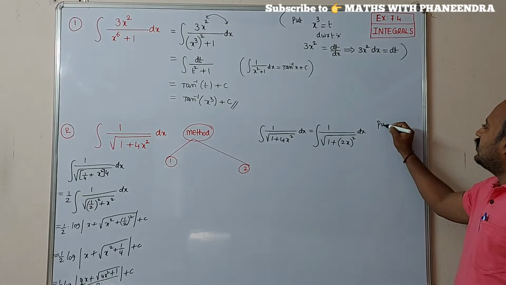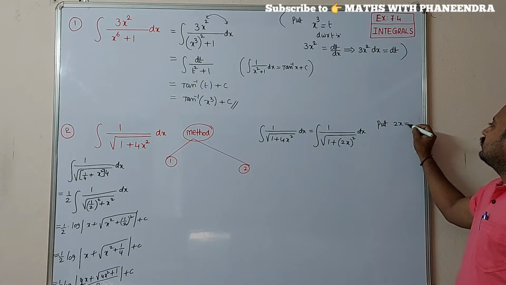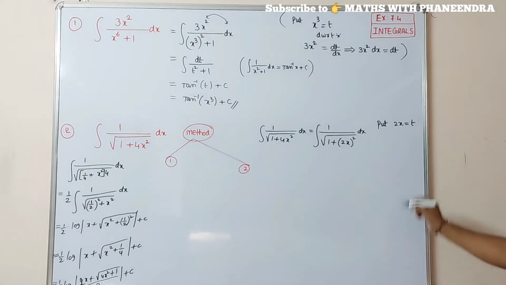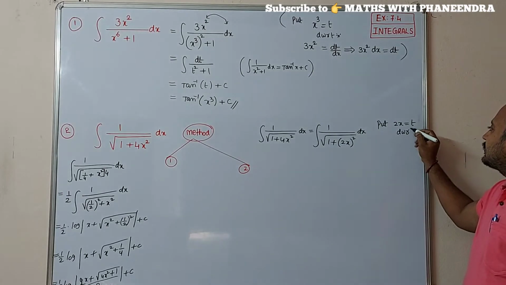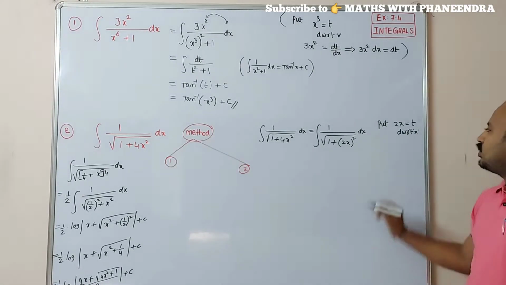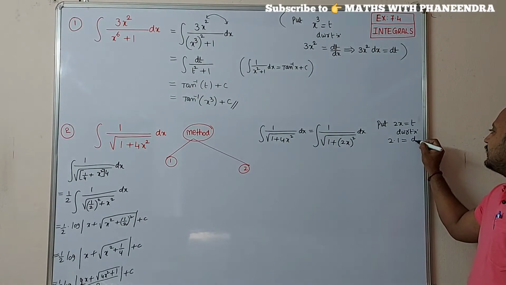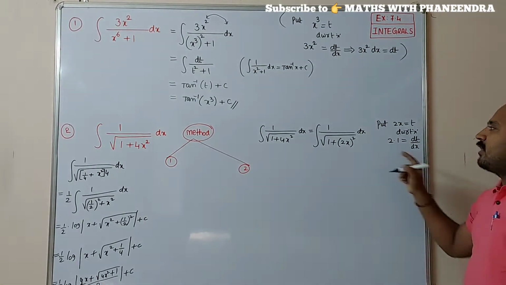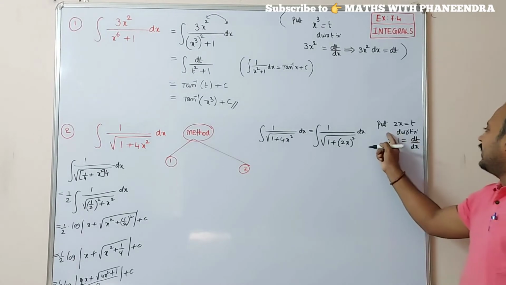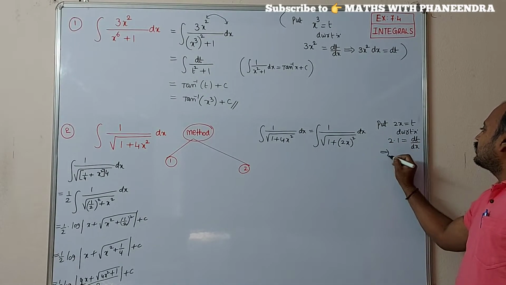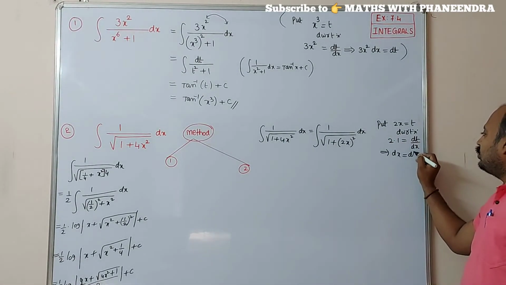Put 2x equal to t. Differentiate with respect to x. So 2 into x derivative is 1, t derivative with respect to x is dt by dx. But I want only dx, so dx we can take here and 2 here. So dx is equal to dt by 2.